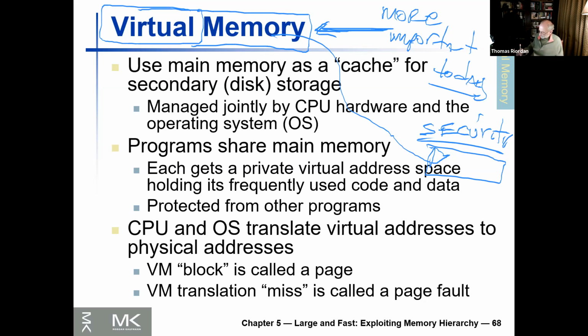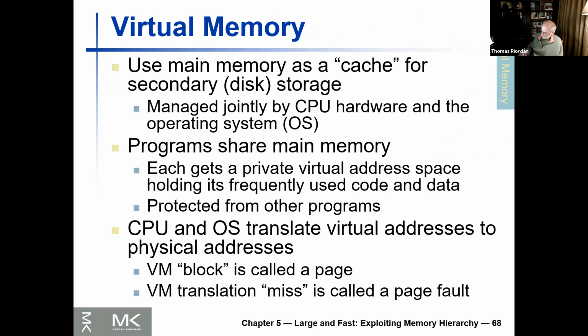And so we see a bunch of words here that talk about how all this works. Programs share main memory, that's what we just said. But they each get a private virtual address space. And the way this protection happens is by the mapping.